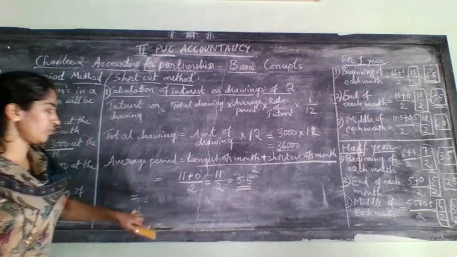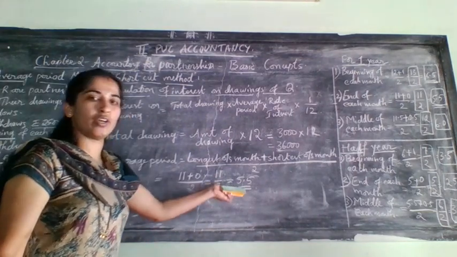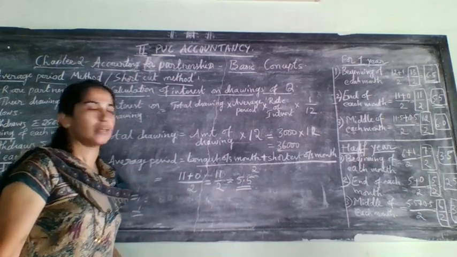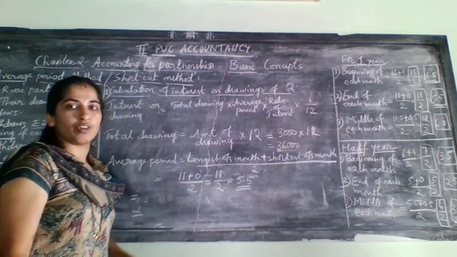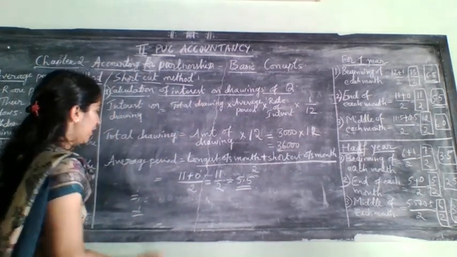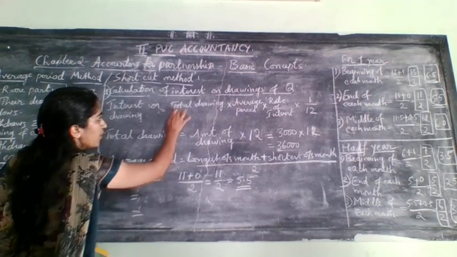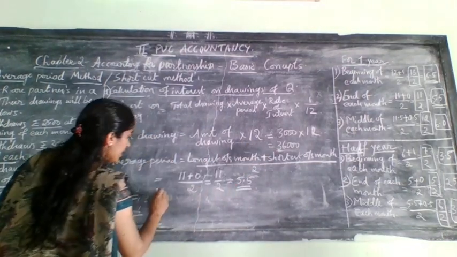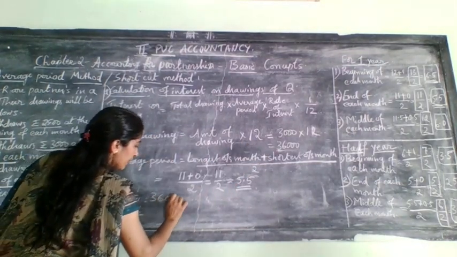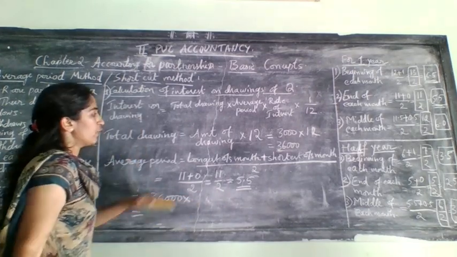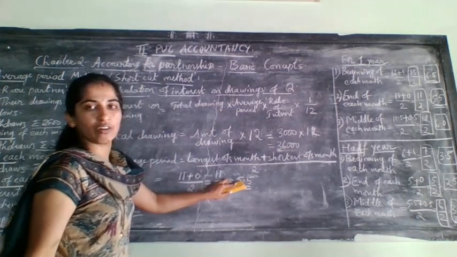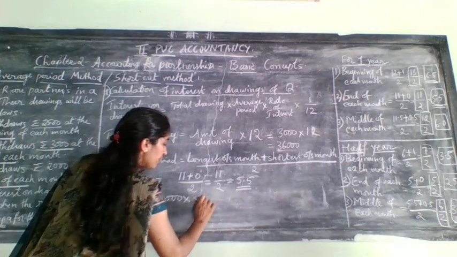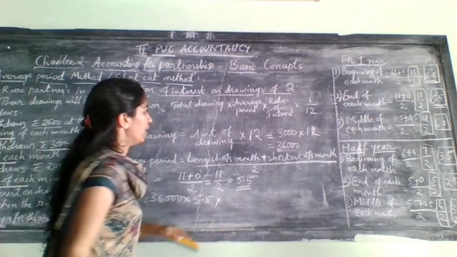Now, when it is 5.5, what is the next step? Write the values for the formula. Total drawing is how much? Here it is 36,000. Take that 36,000 into average period 5.5 into rate of interest.